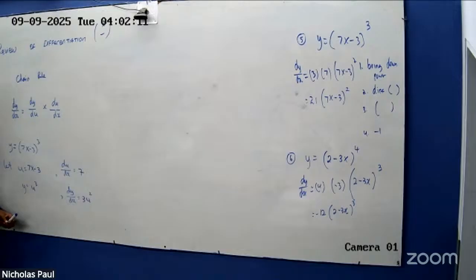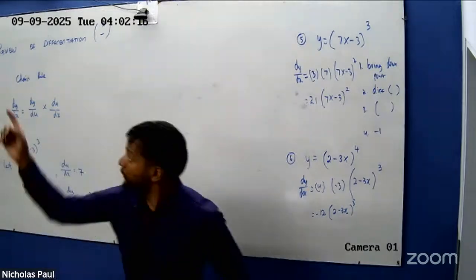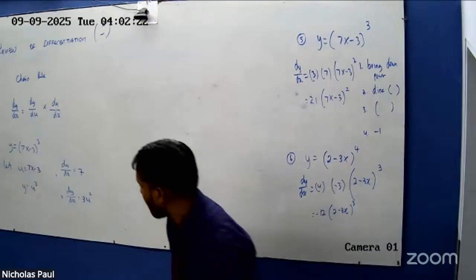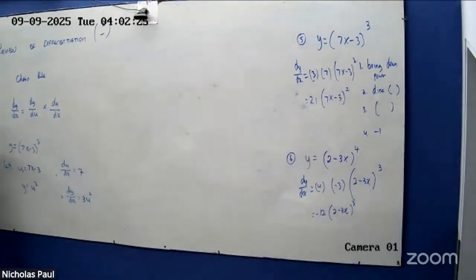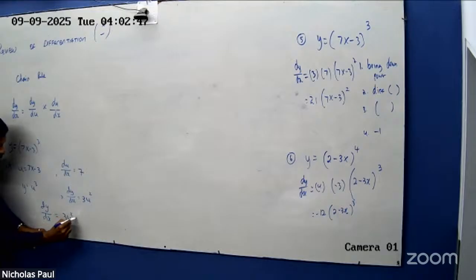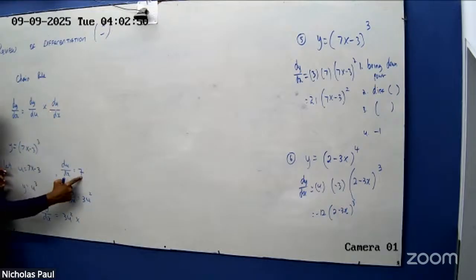So now I'm going to put them together. The formula is dy dx is equal to dy du, which is this, multiplied by du dx, which is this.